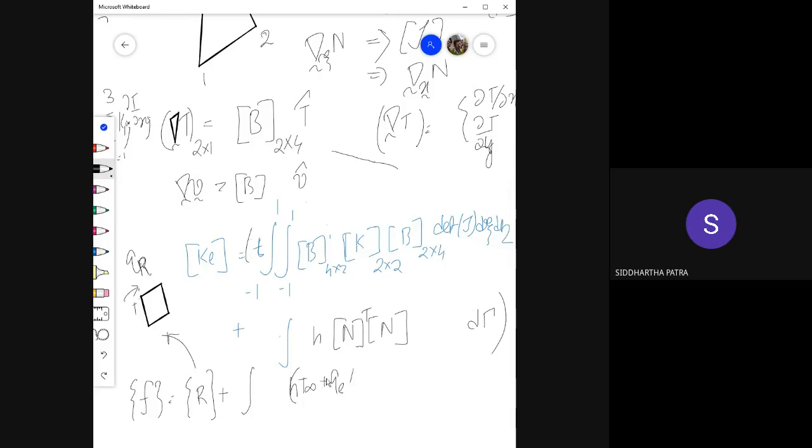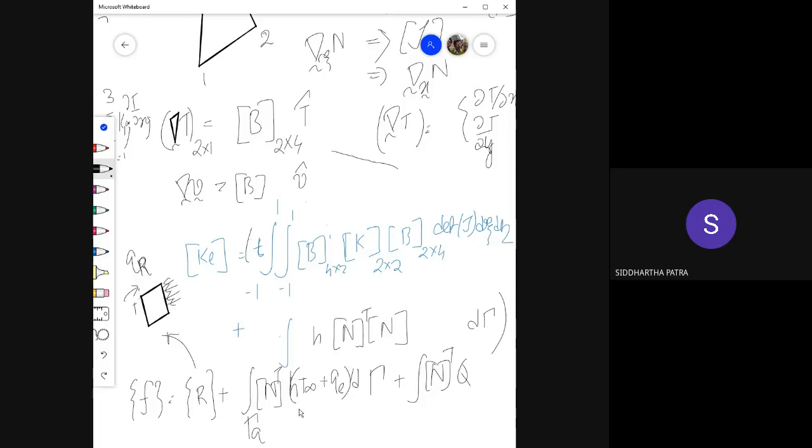And this whole thing you need to multiply with n transpose and integrate over d gamma in gamma q, at whichever surface there is a heat flux boundary condition. There you are supposed to do the integration. Let's say here I'm applying a heat flux boundary condition, then you are supposed to integrate over there. And for the body force part or heat generation part, you have n transpose times q.